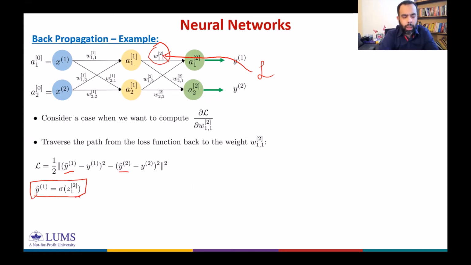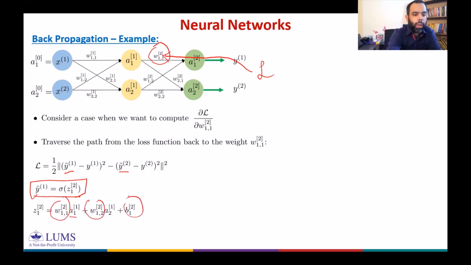And we can relate Z12 with the weight of interest. Z12 is simply a linear combination of inputs from the previous node. These are the weights, and you add a bias, right?